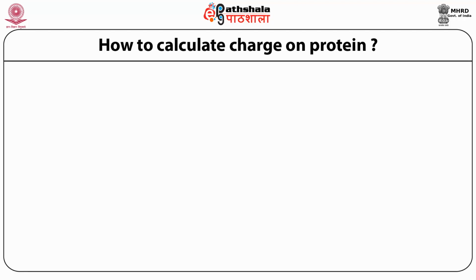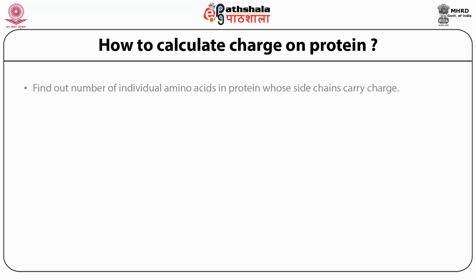This is now a summary of how one can calculate the charge on a protein. It requires certain good calculations for knowing the charge on the protein. We have to find out the number of individual amino acids in the protein whose side chains carry charge. Also, one has to find out the pK value of such side chains.